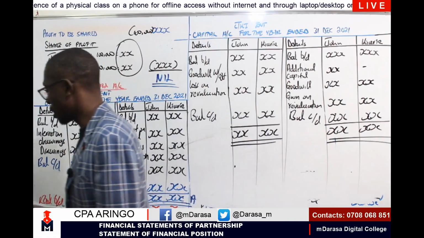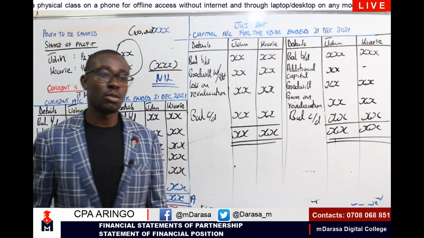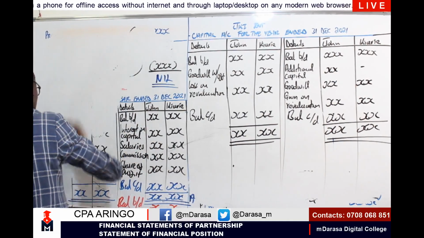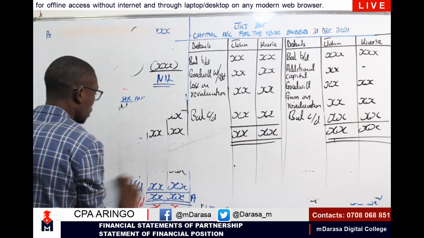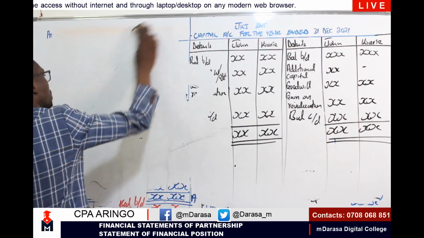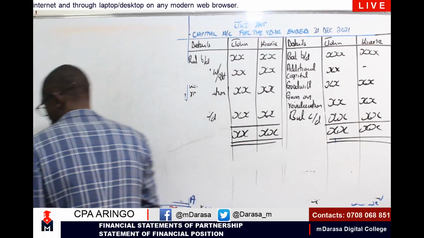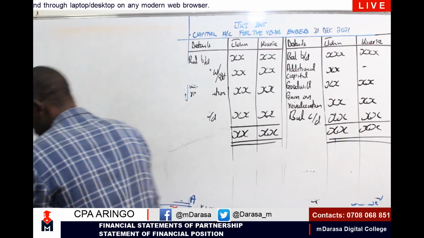So to do that, let's jump straight in and look at the format of our statement of financial position. Allow me to erase these points so that we can look at it very well.